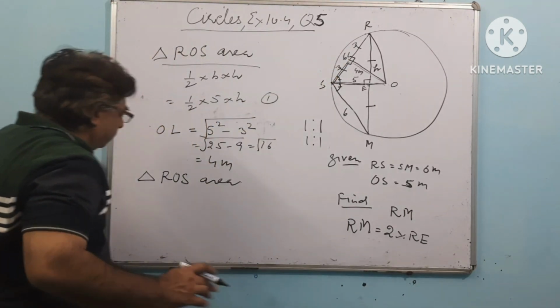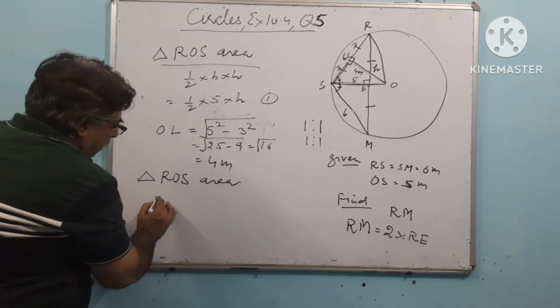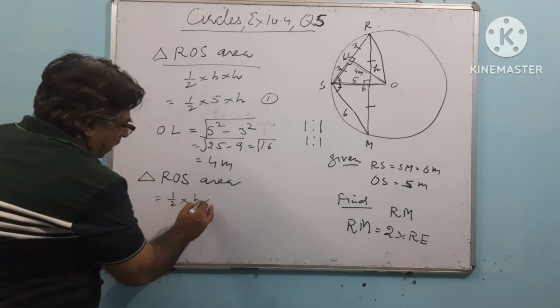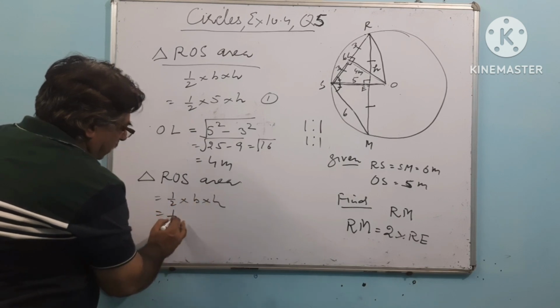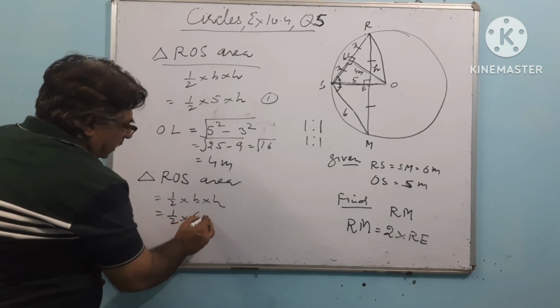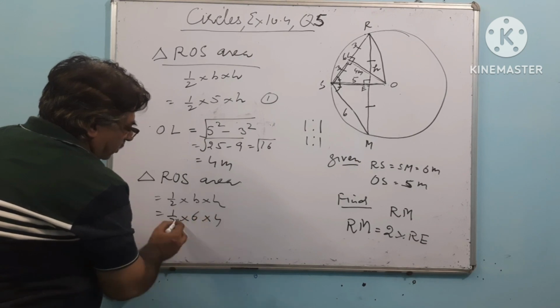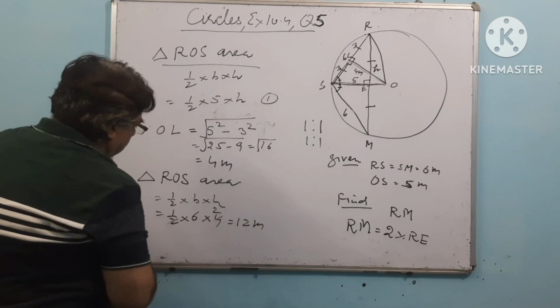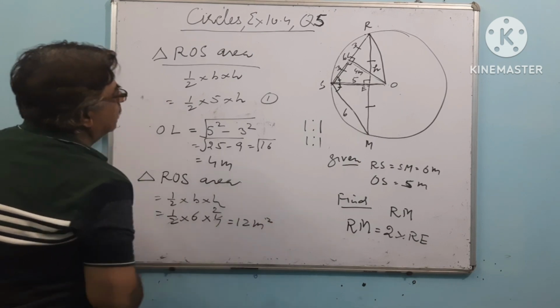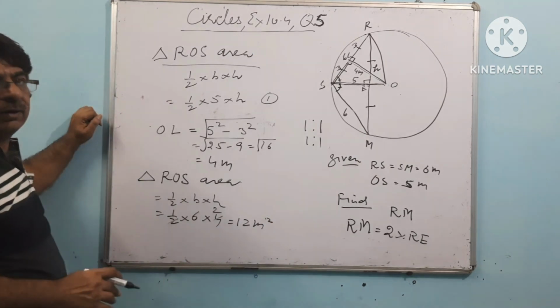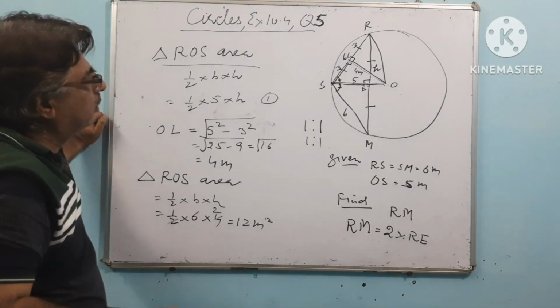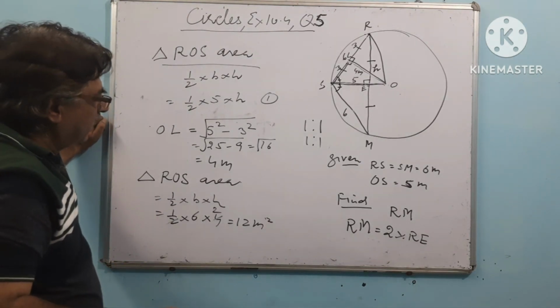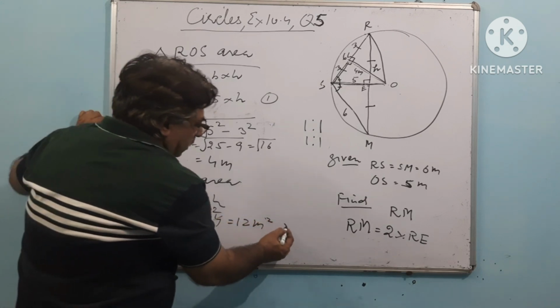So the area will be half base into height, half base is 6 meters in this case, height is 4. So we get 12 meter square. This is the area of this ROS triangle. This is equation number 2.